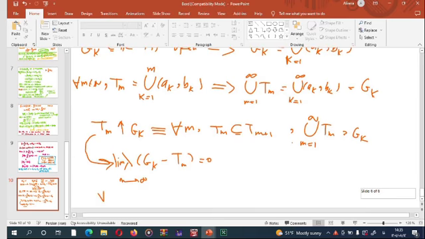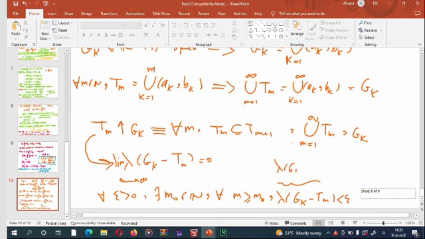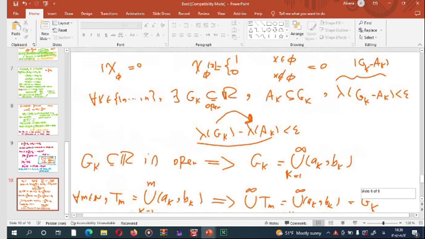So for each epsilon, there exists an m such that for each m greater or equal to this, this is less than epsilon, and this is equal to this minus lambda of T_m.